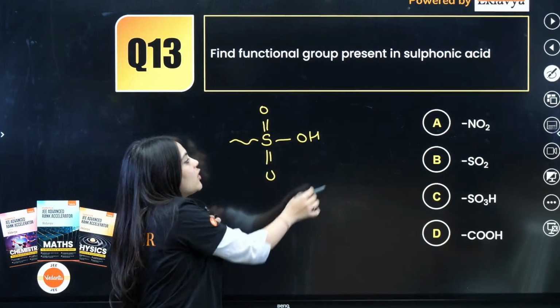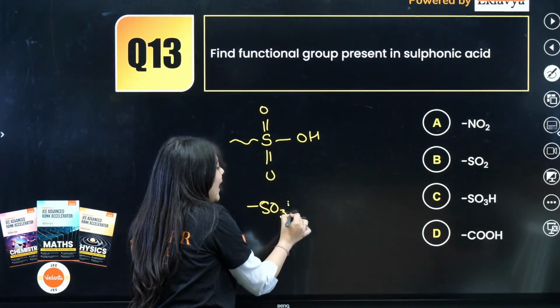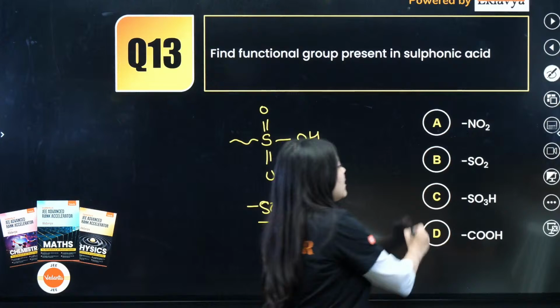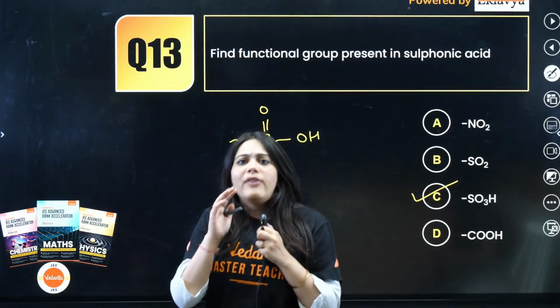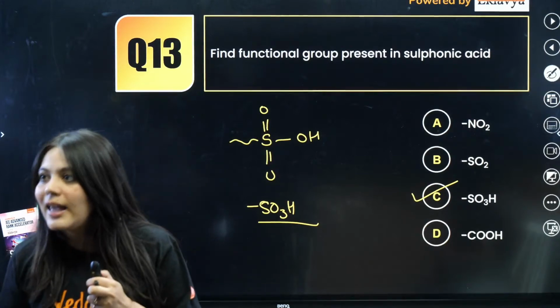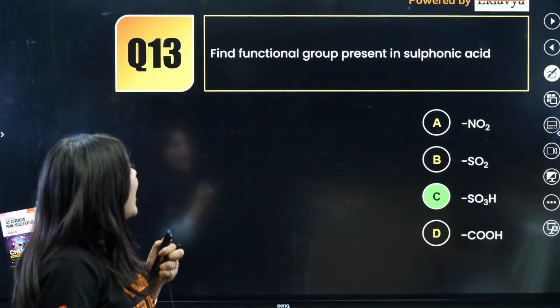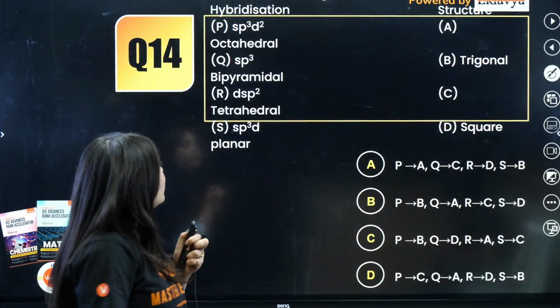This is the structure of sulfonic acid, which looks like SO3H. So the correct answer is C. Once again, very easy, very basic chemistry question. Very good. Now let's move on to the next question.